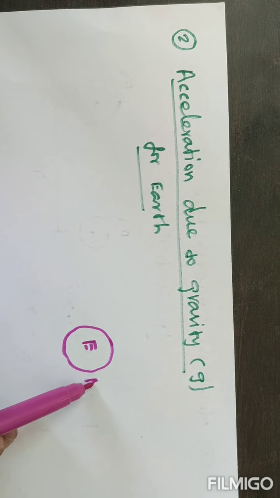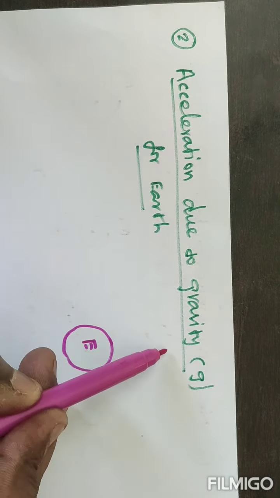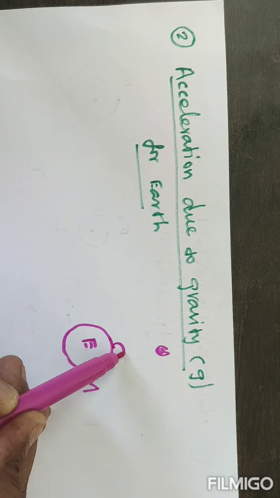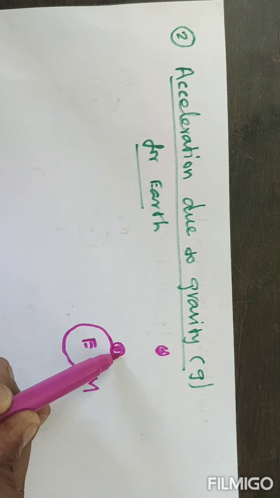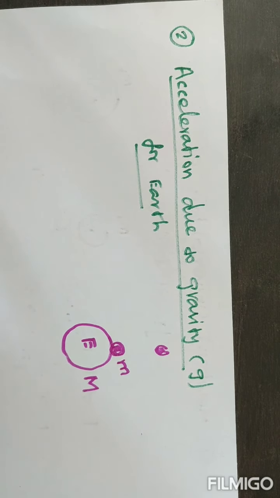Okay, the mass of the earth, let's take capital M. I'll take one small object here. Now I consider that mass is on the earth surface. So this mass is small m.